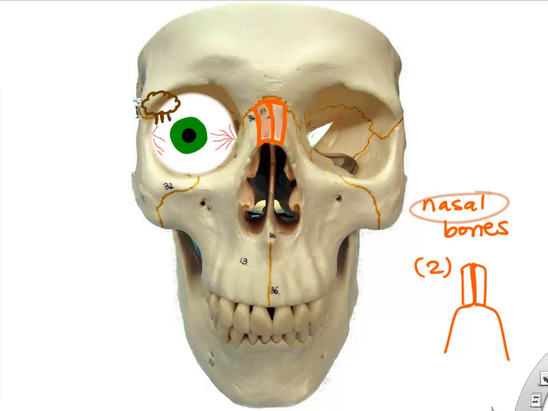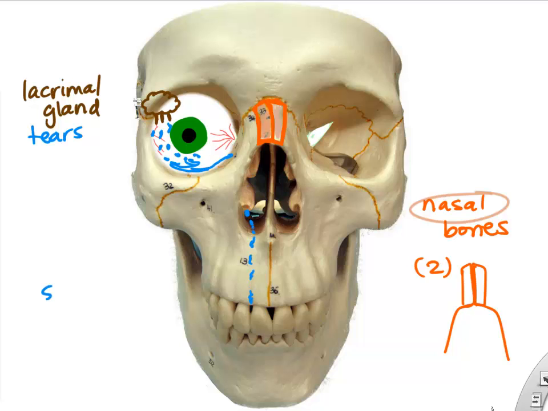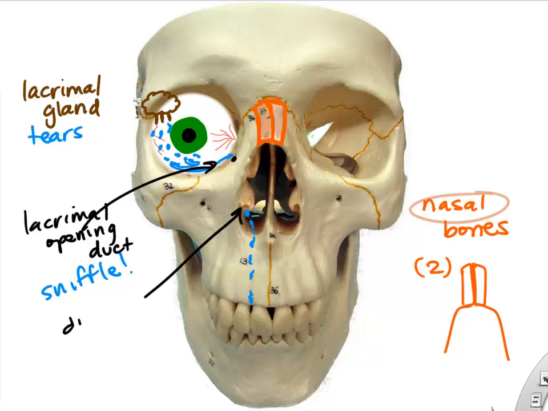The lacrimal bones, to understand sort of their role, we have our eyeball and a lacrimal gland that makes tears. Those tears then wash over and lubricate your eye, and they can drain into a tiny little hole in the lacrimal bone, and then they drain through a duct all the way down into the bottom of your nasal cavity. And so that's how your tears can actually drain into your nasal cavity.